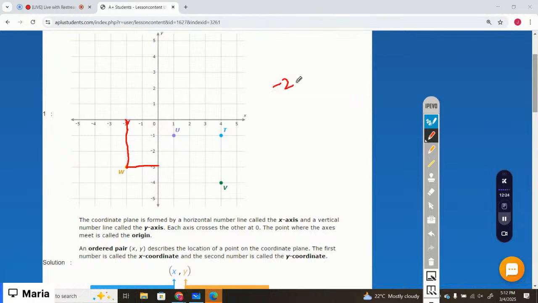The x-coordinate of point W is -2 and the y-coordinate of point W is -3. Together they make an ordered pair x and y. The ordered pair tells you the location of a point on the coordinate plane. So the location of the point W is (-2, -3).